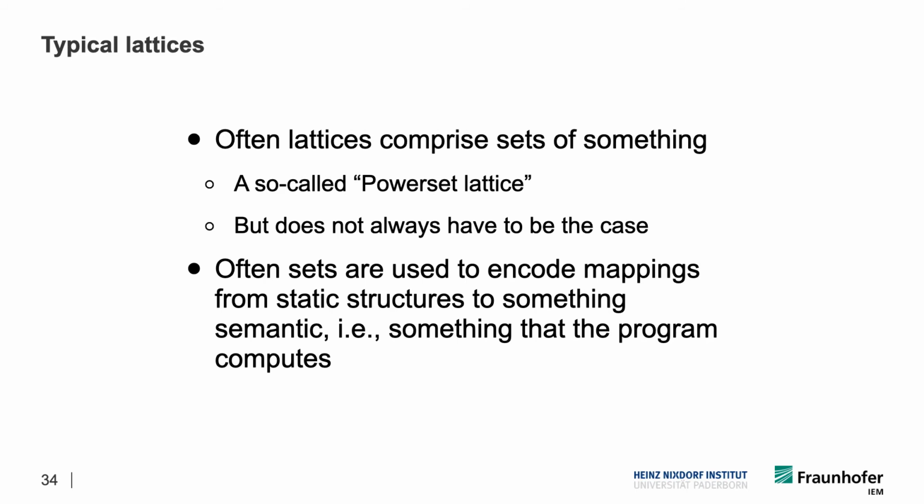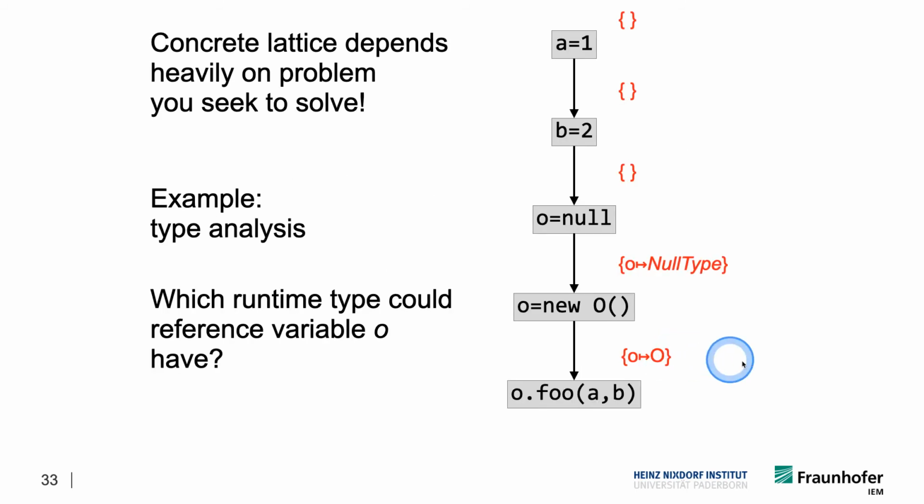And then often these sets are used to encode mappings, and these are very frequently mappings, like you saw here, from static structures to something that is more semantic, so something that the program actually computes. So like I showed you on the previous slides, for instance, here on the right-hand side, this type O is a type that is being instantiated at runtime, right?